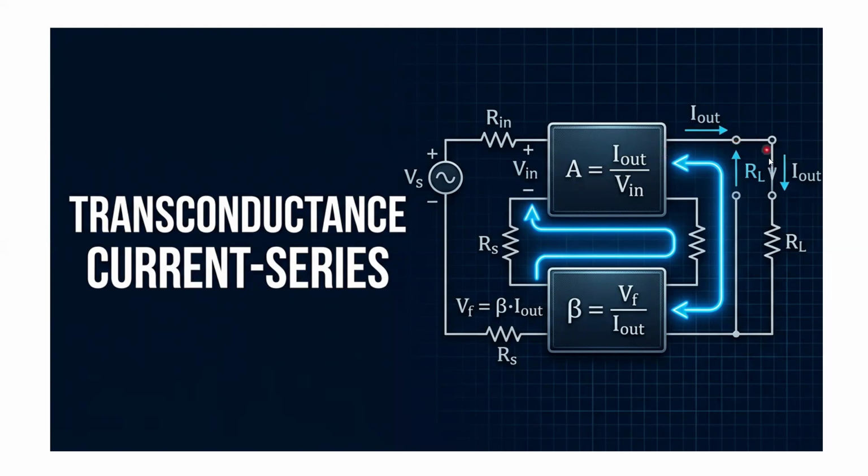This current then flows through the load resistance connected in the circuit, developing a voltage drop across this resistor.